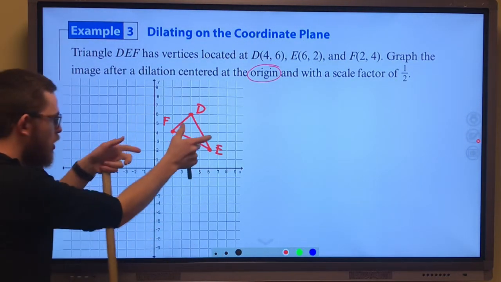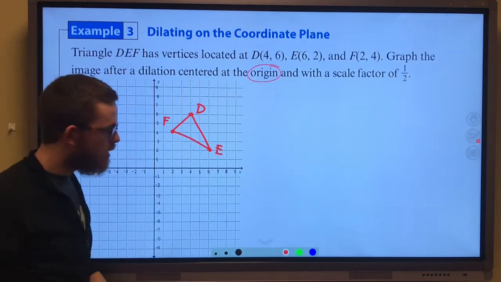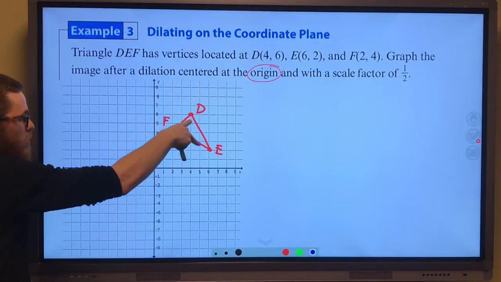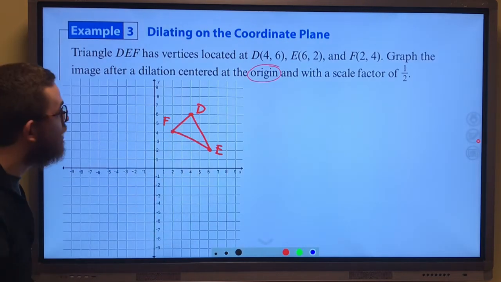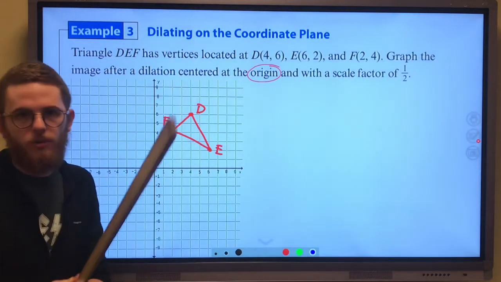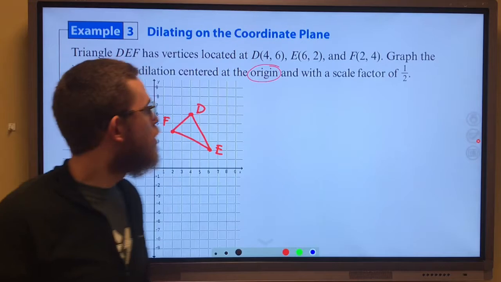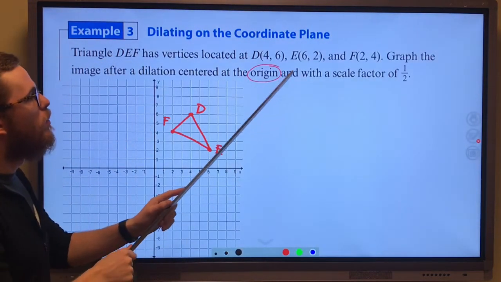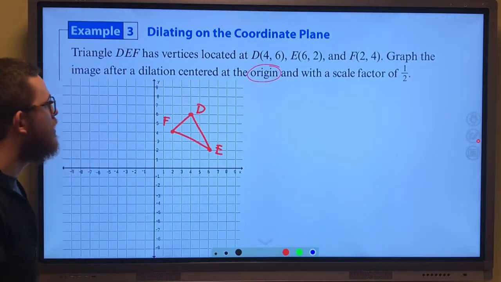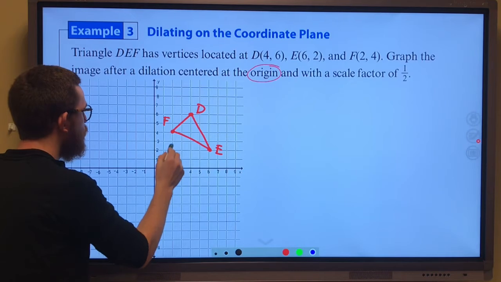Well, we know it's going to get closer to our origin. We know all these distances are going to shrink. They're going to compress. The distance between D and E is going to become half of what it currently is. But because it's centered at the origin, we can multiply all of our coordinates by the scale factor. This only works when it's centered at the origin. Listen to me. Only works when it's centered at the origin. D, which was (4, 6), is now (2, 3).